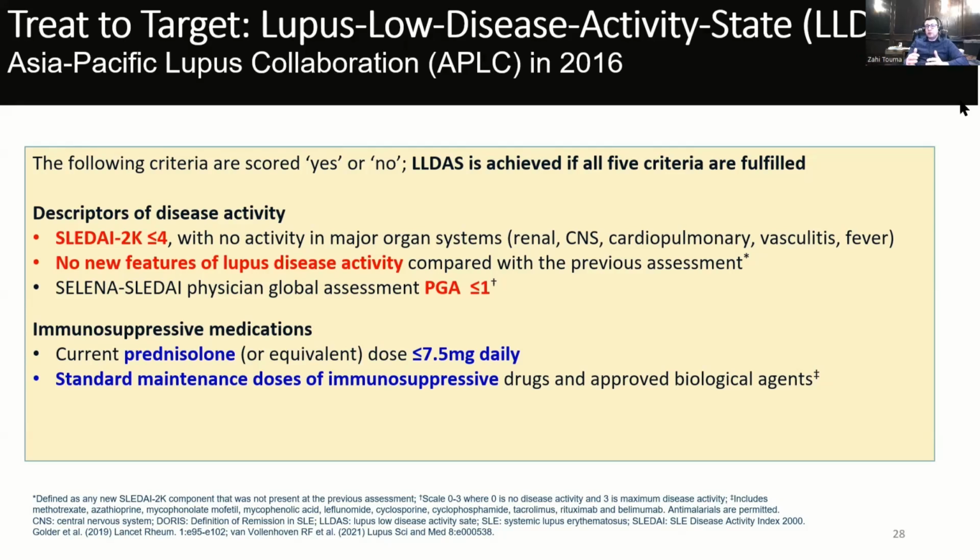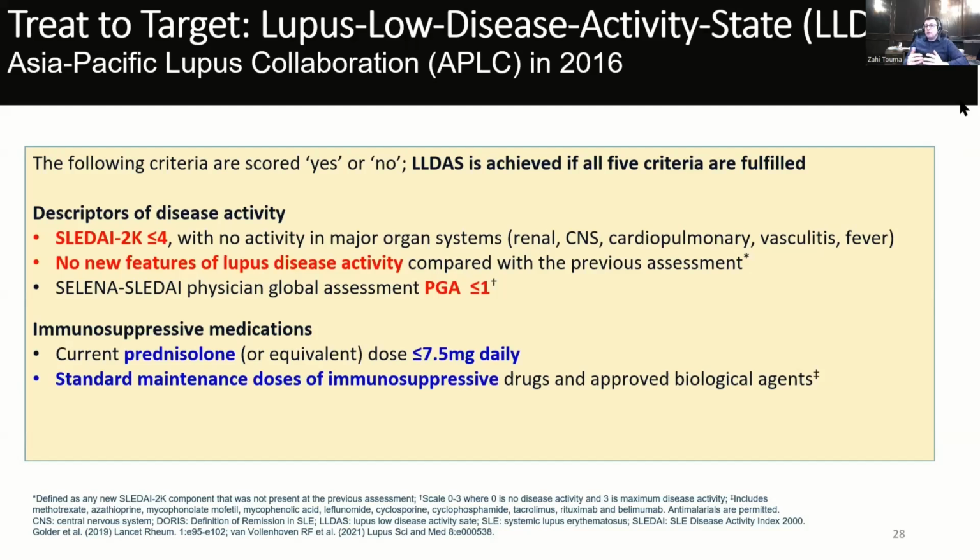So it includes different components. The first being SLEDAI. And again, SLEDAI stands for SLE Disease Activity Index 2000, and has to be 4 or less, with no activity in major organ systems. This means renal, CNS, cardiopulmonary, vasculitis, and fever.